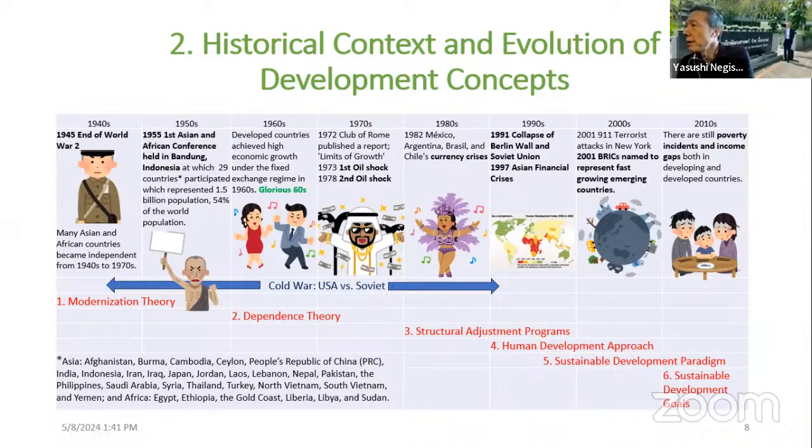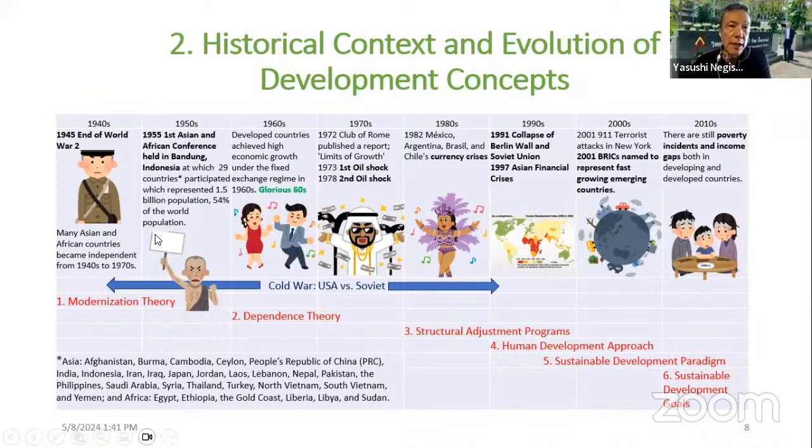And the world was divided into those countries that try to promote capitalism, which is called the Western Bloc, while those countries that try to promote socialism are called the Eastern Bloc, socialist countries. And we have seen actual wars like the Korean War and Vietnam War, which are the typical wars fought during this period. So that's another international situation which happened during the early part of this table.